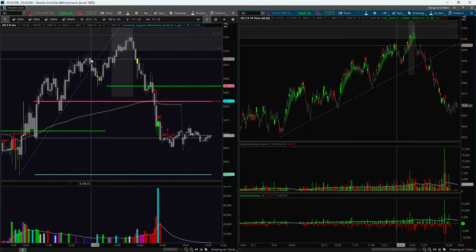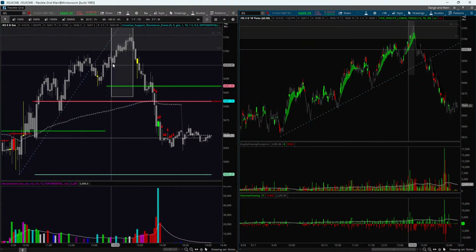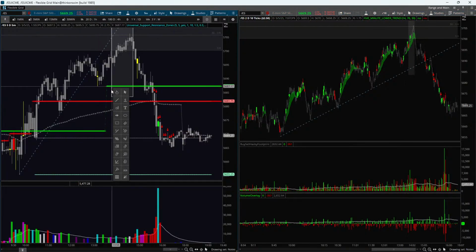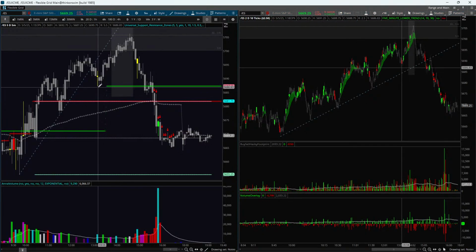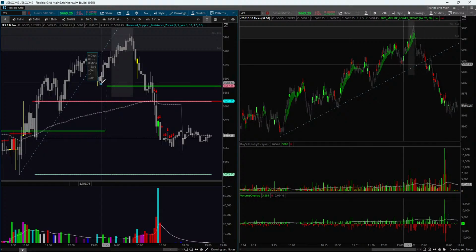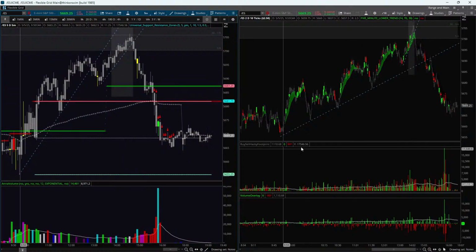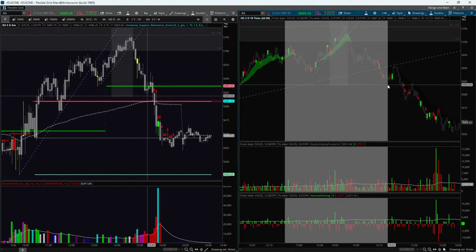Boom. Right, it came out. This is where I tried to go up. Price came back down. Right, so now we have this actual trend line right here. Got this trend line right here. Boom. All right, so this trend line looks good.